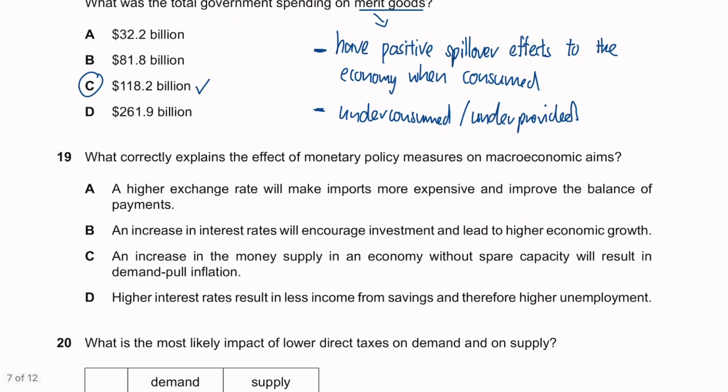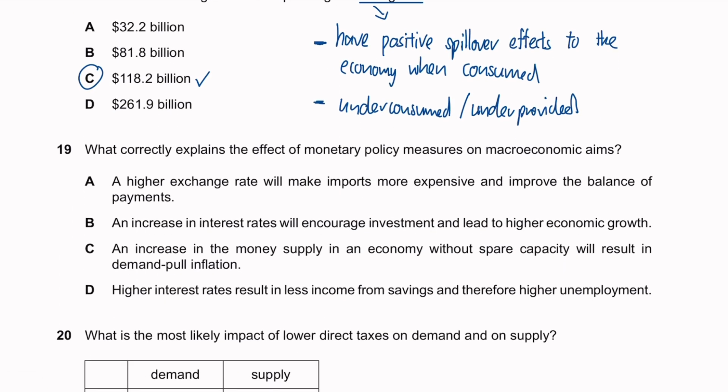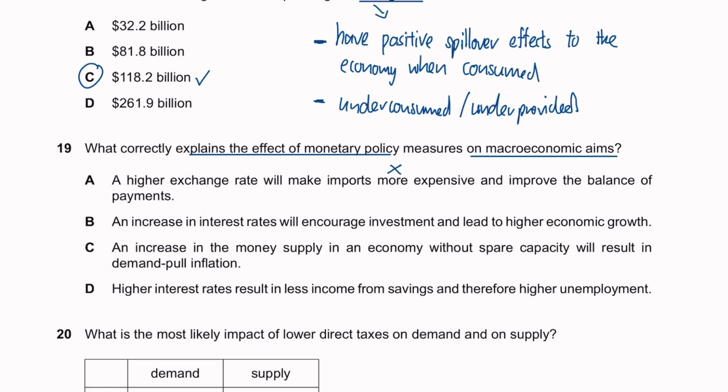Okay, moving on. 19. What correctly explains the effect of monetary policy measures on macroeconomic aims? A, a higher exchange rate will make imports more expensive. No, it will make the imports less expensive and make the exports more expensive. So this is not the correct answer.